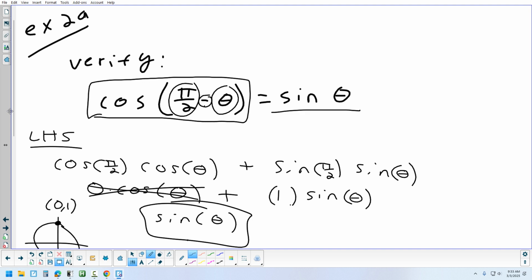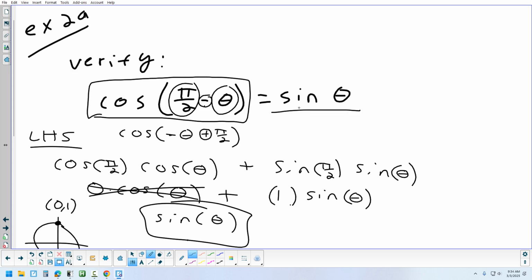And that's it. If you want to think of this in terms of a transformation, what you're basically saying is, if you take the cosine function and you shift it to the left 90 degrees, and then do a horizontal reflection to it, it will look exactly like the original sine function.